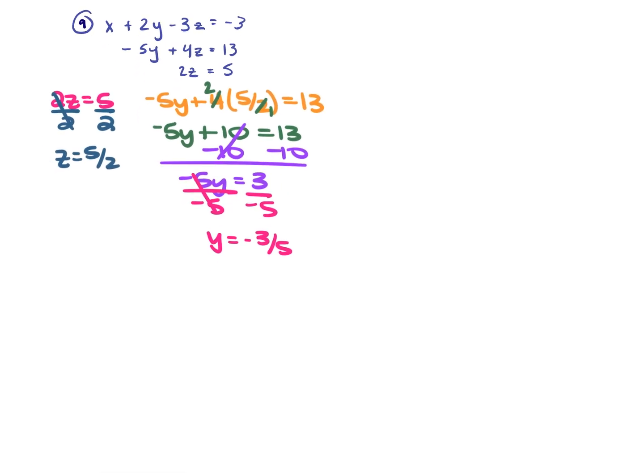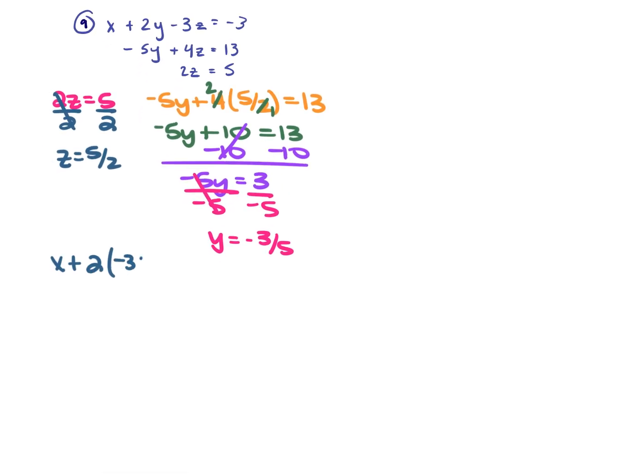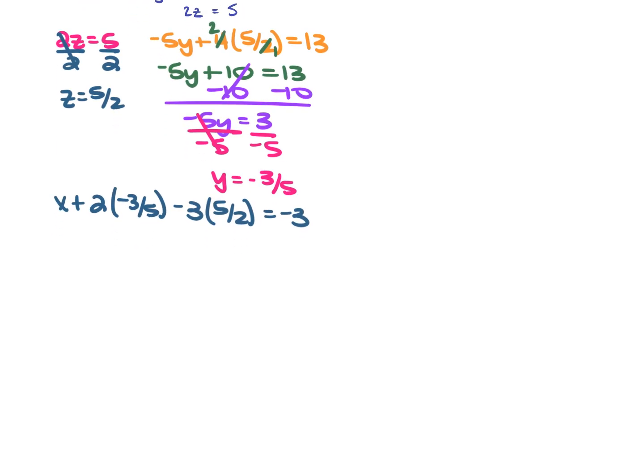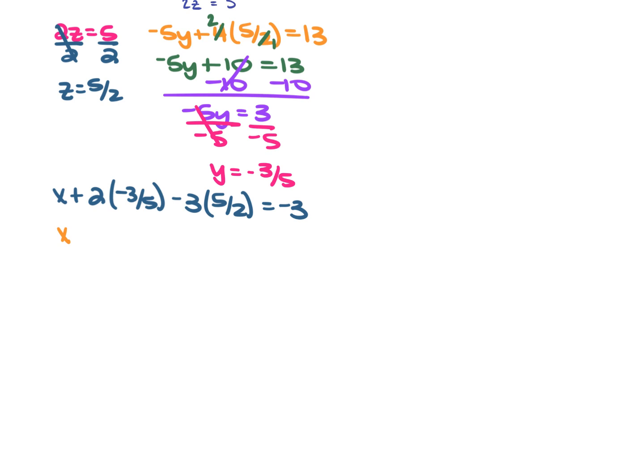So that's going to give you x plus 2y, so 2 times negative 3 over 5, minus 3z, which is 5 over 2, is equal to negative 3. We're going to multiply first. That's going to give us x minus 6/5 minus 15 over 2 is equal to negative 3.